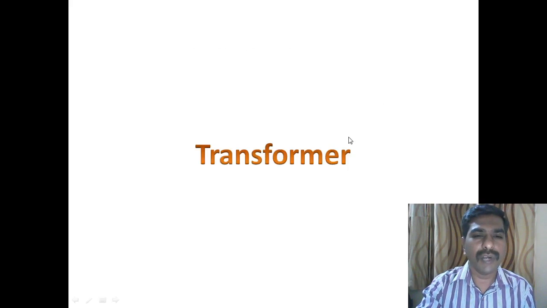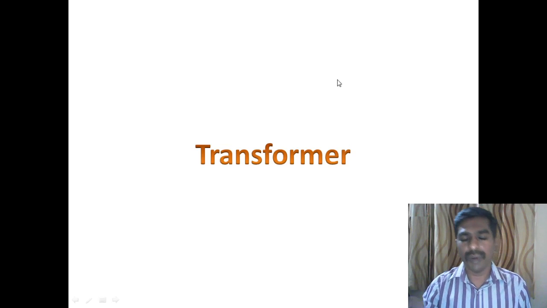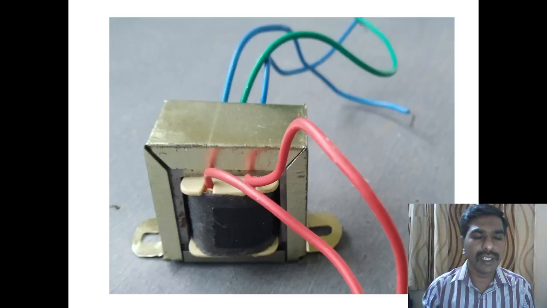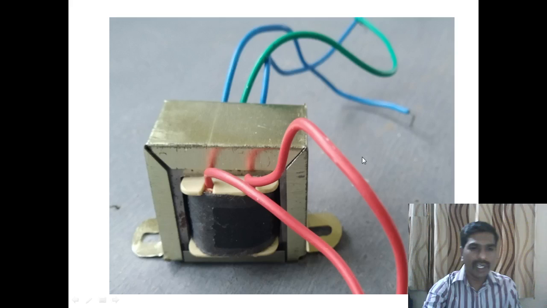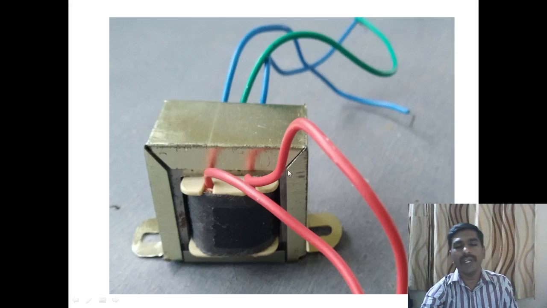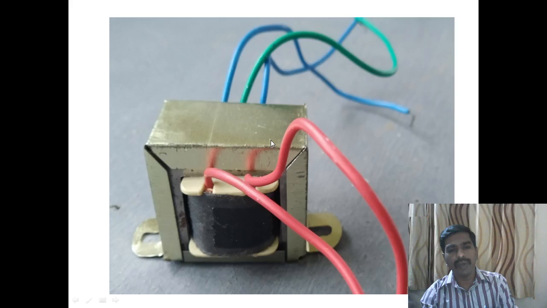And next, coming to the transformer. For building a transformer, they use the inductor concept. This is how a transformer looks. The two red lines are for input. AC voltage is connected to the input, and there are three output lines representing the AC voltage. The transformer has two types, step down and step up.